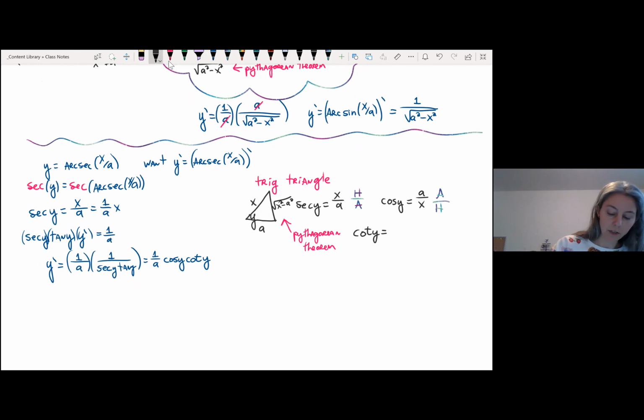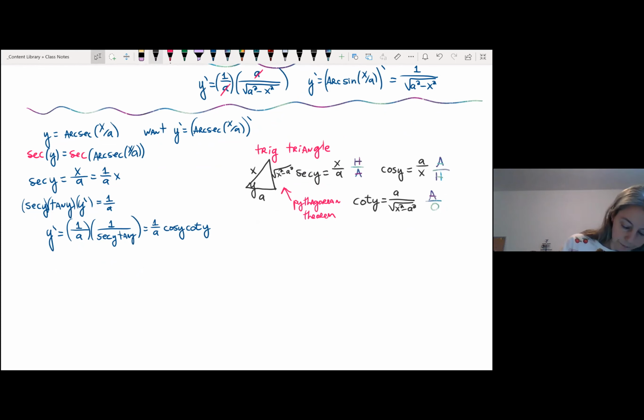And we know that tangent is opposite over adjacent. So cotangent is going to be adjacent over opposite. So my adjacent side here is a. I did not leave myself enough space, is a. And my opposite side is the square root of x squared minus a squared. So that is adjacent over opposite. Let's go and plug that in over here.